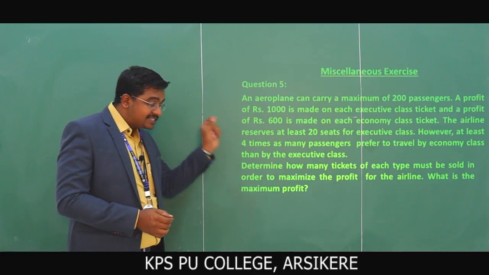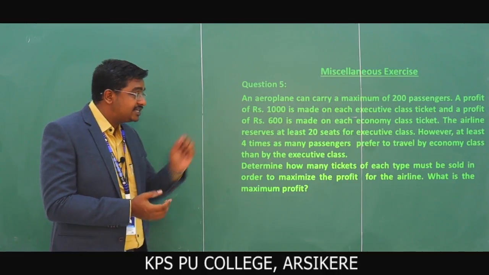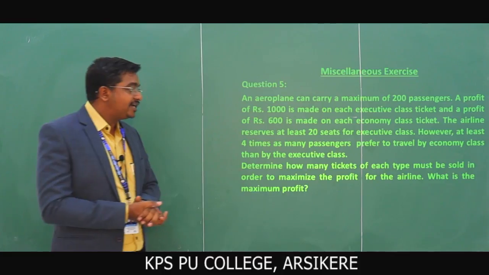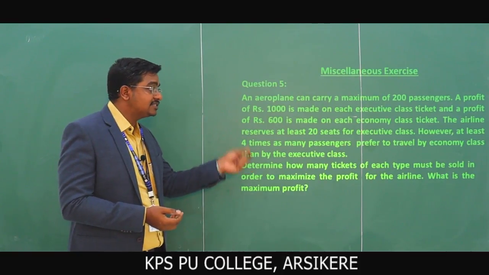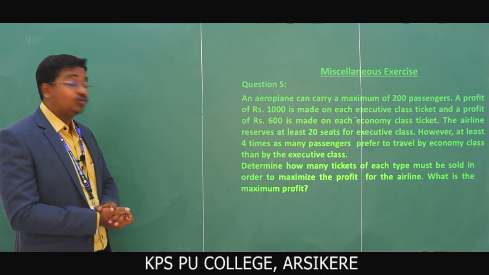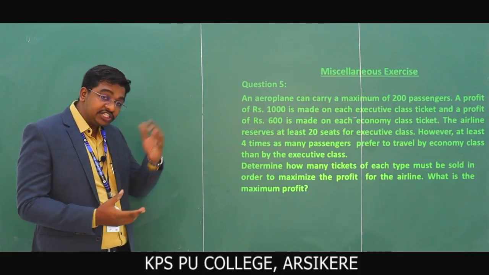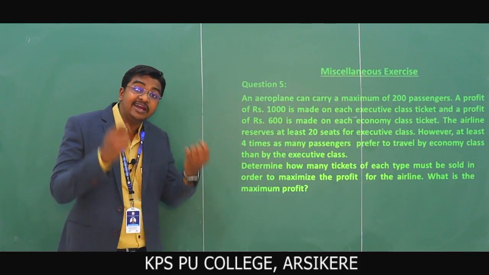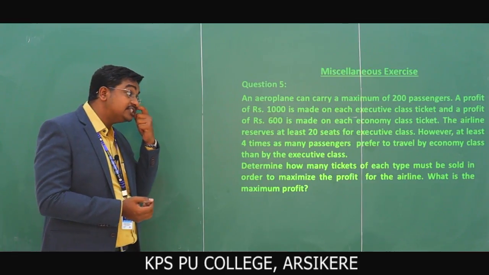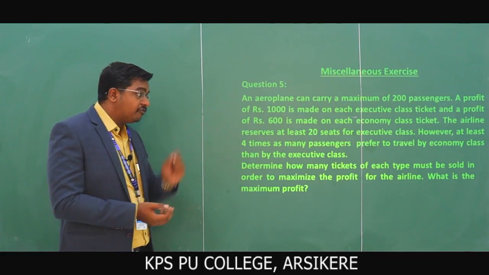The airline reserves at least 20 seats for executive class. However, at least 4 times as many passengers prefer to travel by economy class than by executive class. Determine how many tickets of each type, executive class and economy class, must be sold in order to maximize profit for the airline.